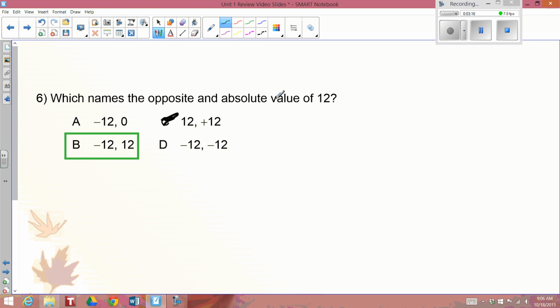It's positive 12 spaces from 0. So anything with two negatives is going to be out as well. I'm left with A and B. The answer is clearly B because the absolute value of 12 is not 0. It is the distance from 0, but it's not 0. So the answer is B.